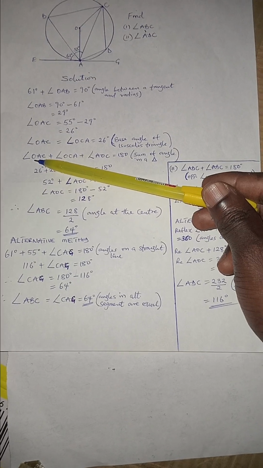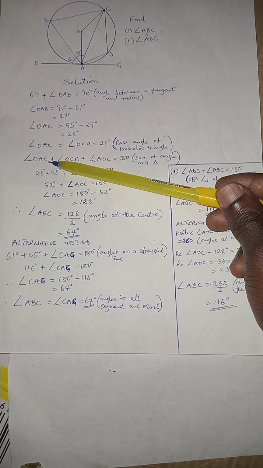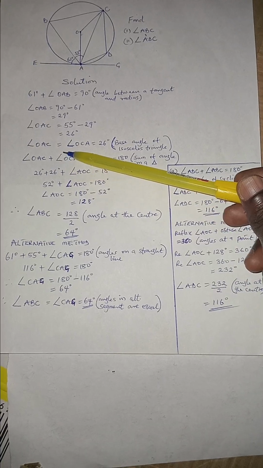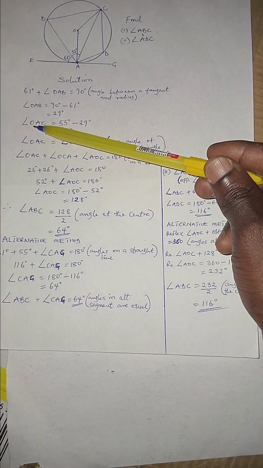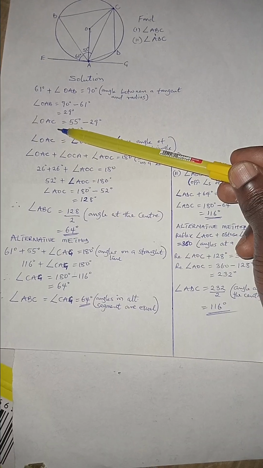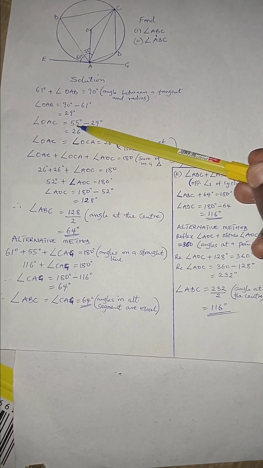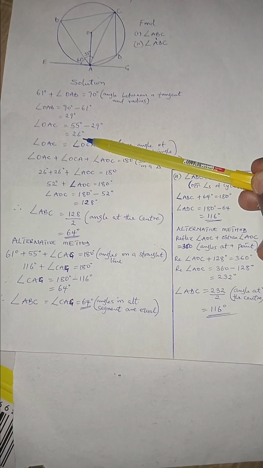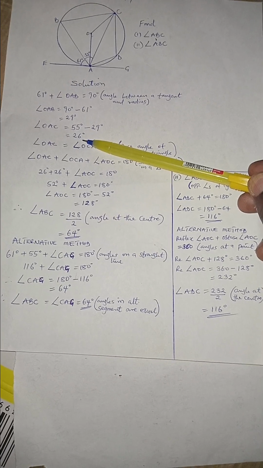Angle OAC will be equal to 55 minus 29, and that gives us 26.